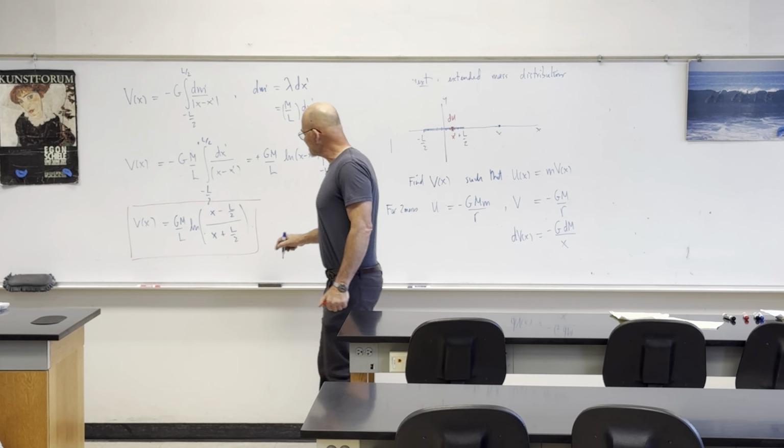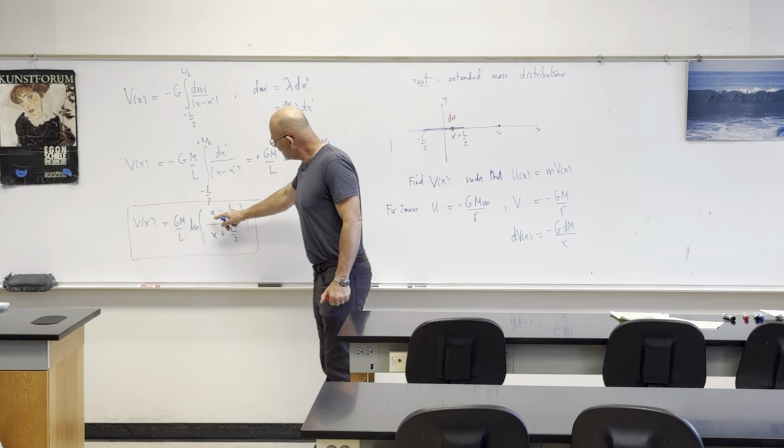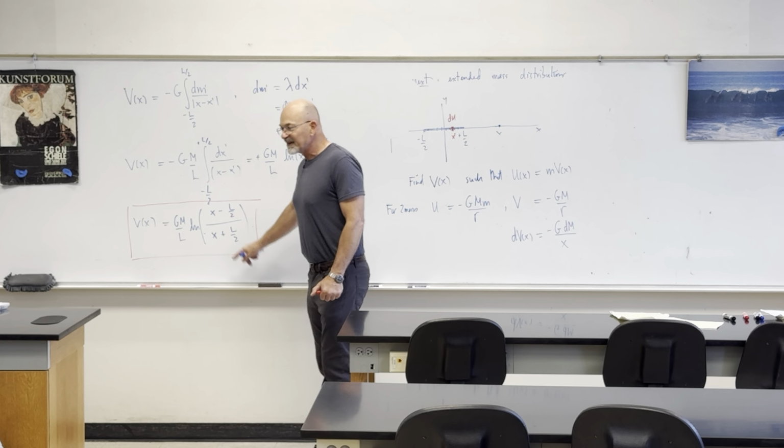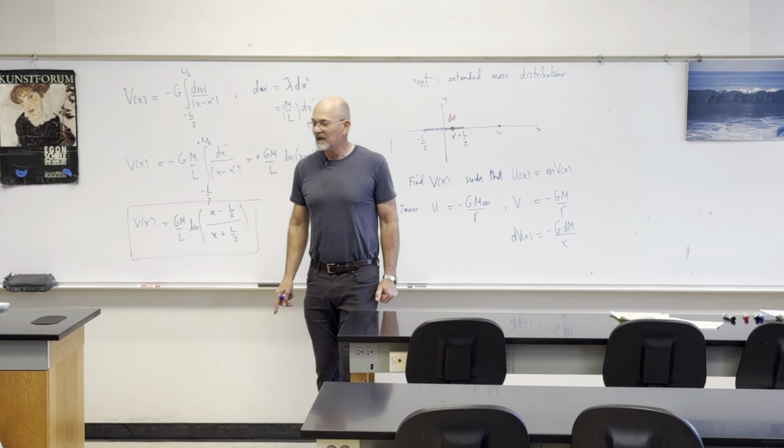So without any approximation, I'm going to make the numerator and the denominator dimensionless. I'm going to divide the numerator and denominator by x. So we've got GM over L natural log of 1 minus L over 2x over 1 plus L over 2x. At this point the argument will be dimensionless, and we'll expand out that natural log.